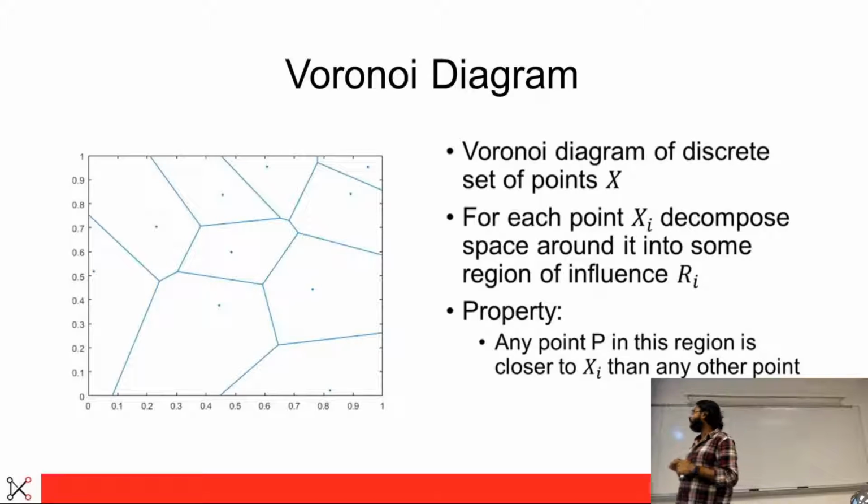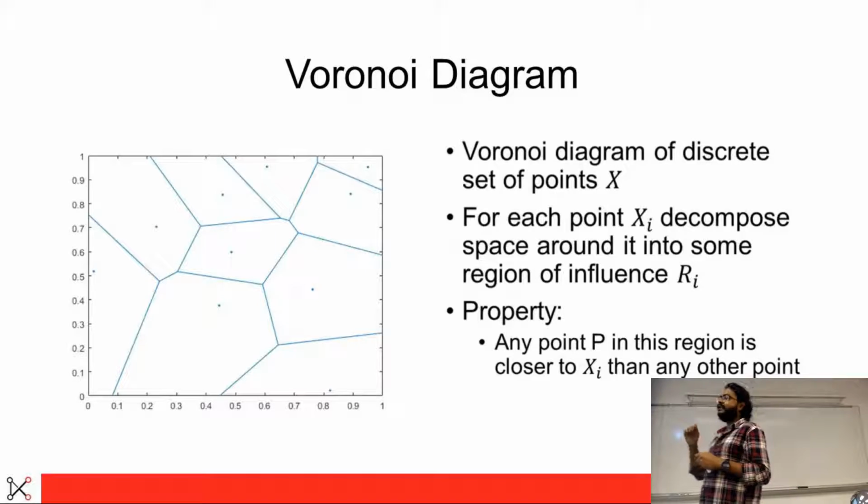A Voronoi diagram takes each point x_i in your set of points x and decomposes the space around that point into some region R. This region around the point is called the Voronoi region.